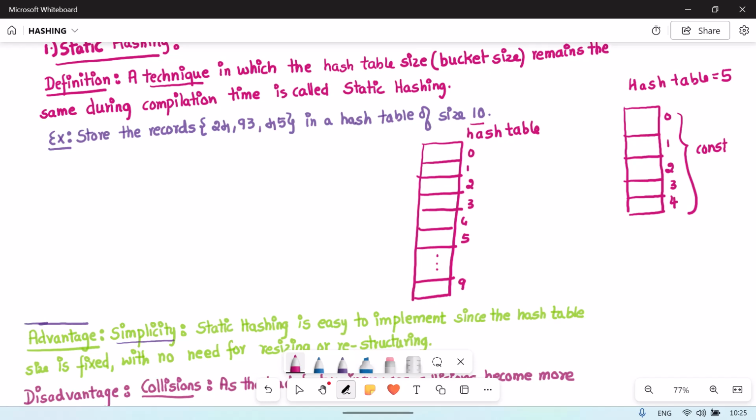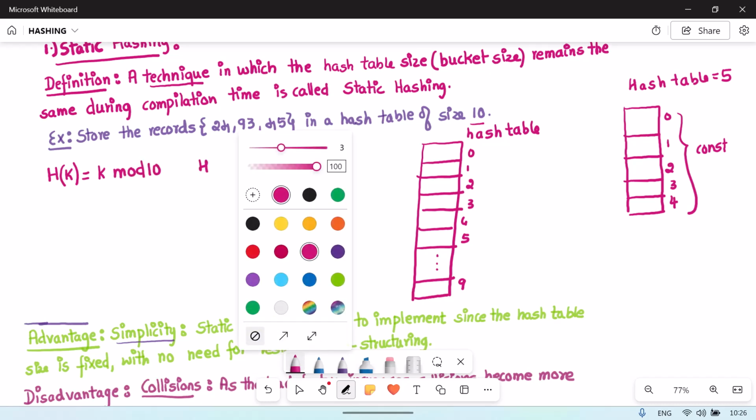This is how your hash table is going to look like. And one of the hash functions that we have is the division method, that is h of k is k mod 10. Okay, so we'll apply that.